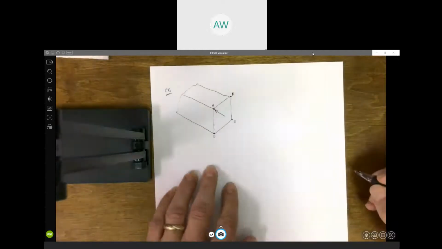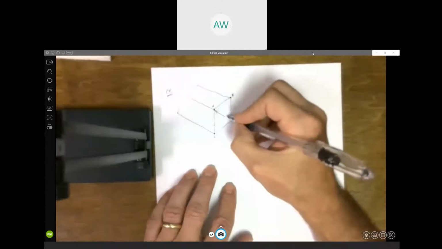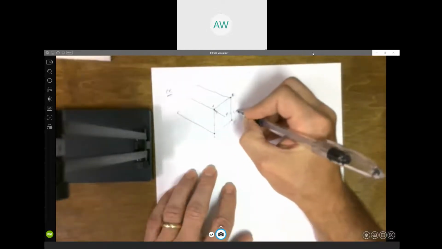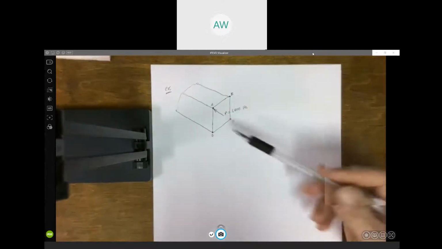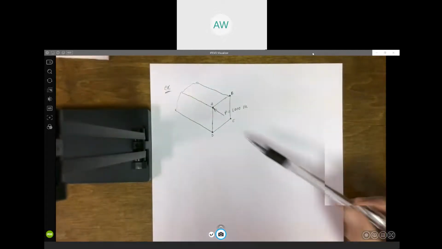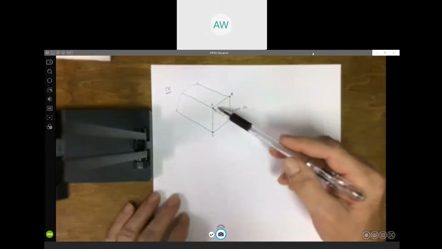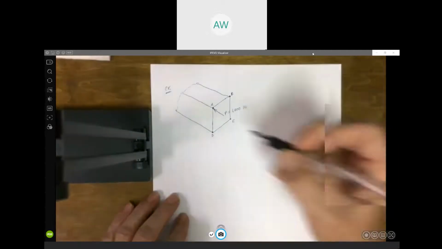Axial force P is 1,000 pounds, acting straight down the member, but it's applied right at that corner A.